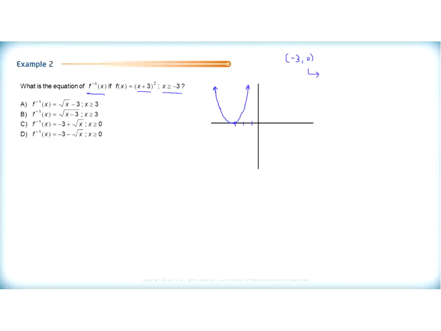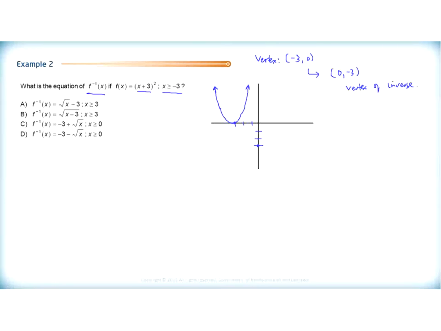Switch them around. So here's the vertex of the original graph. The vertex of the inverse will look like this, right? Vertex of inverse. So it would have a vertex of 0, negative 3. And again, it's a sideways parabola with its vertex here, and it will open to the right.